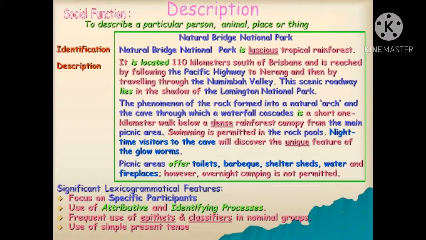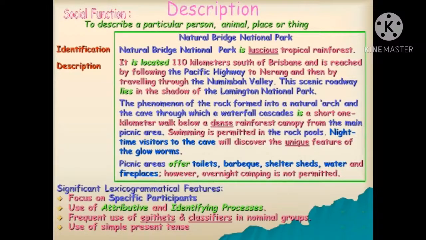And the attributive and identifying processes are in green color. So there are is located, lies, is over. So those must be attributive and identifying processes.